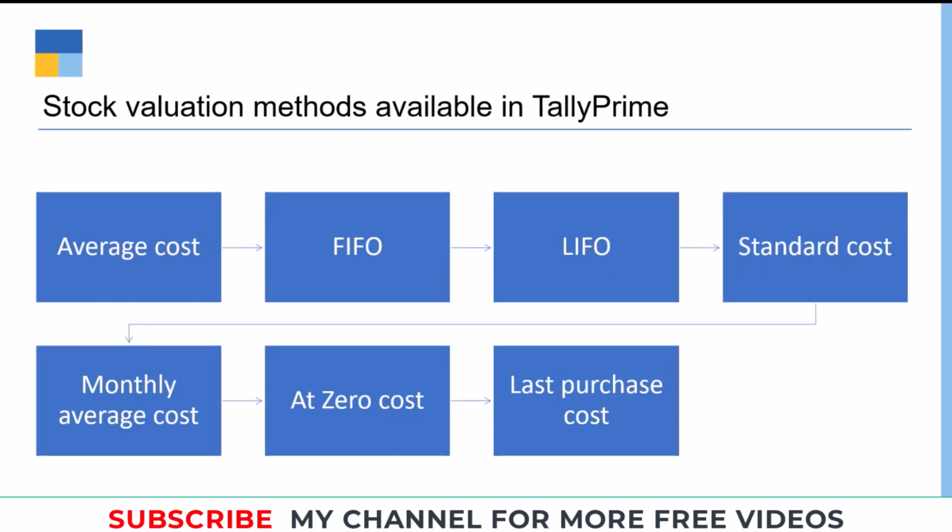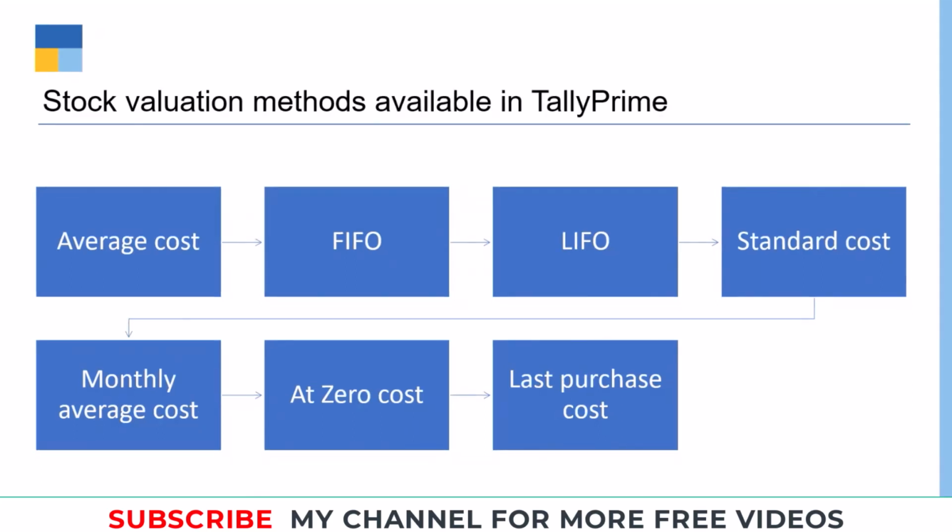So these are the different methods that we have. But in the world, the most widely prescribed methods are weighted average cost, FIFO and LIFO. Using these three methods, almost 90 to 95% of businesses across the world will be valuing their inventory. About these three methods, we'll go in depth and learn.